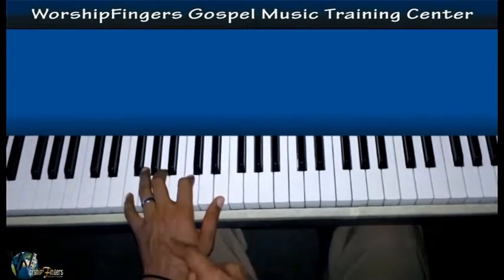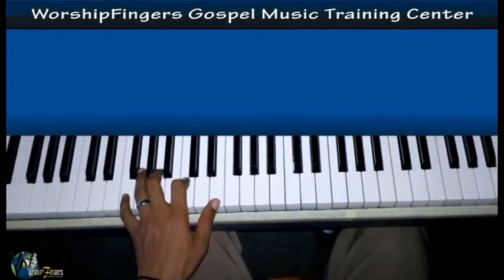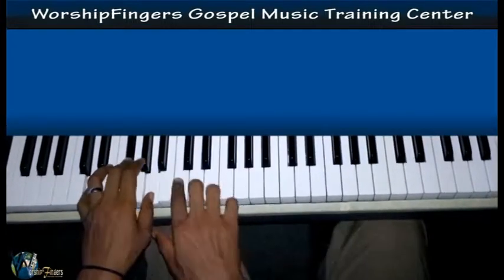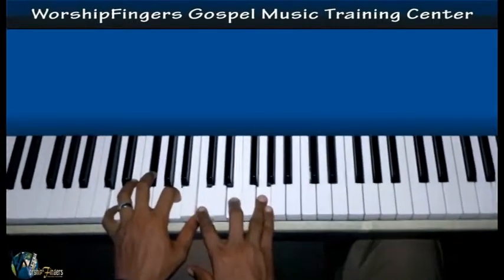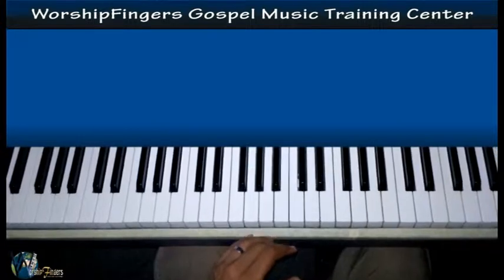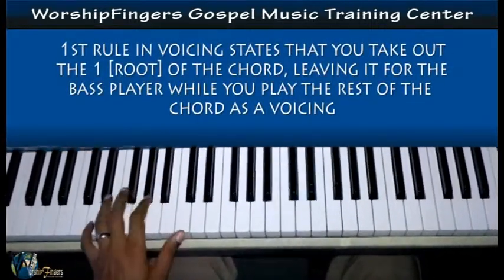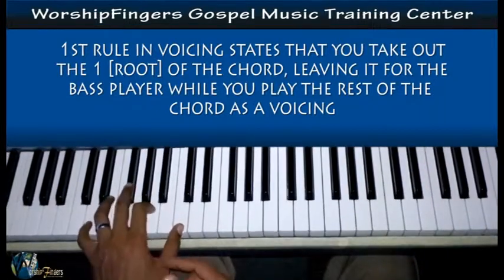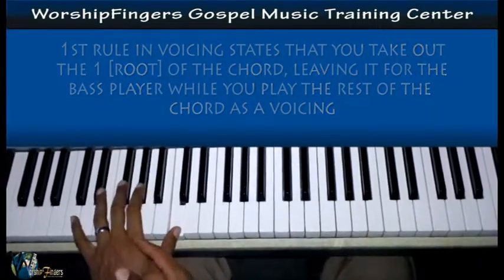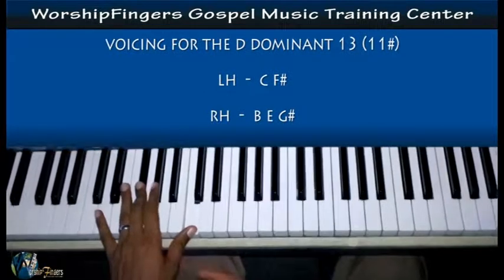But if you're going to play the 2 as a dominant chord, then we're going to turn that dominant chord into a dominant 11 chord. When we take out the 1, we apply the rule of voicing by playing a tritone of that chord, which is the C and the F sharp together.